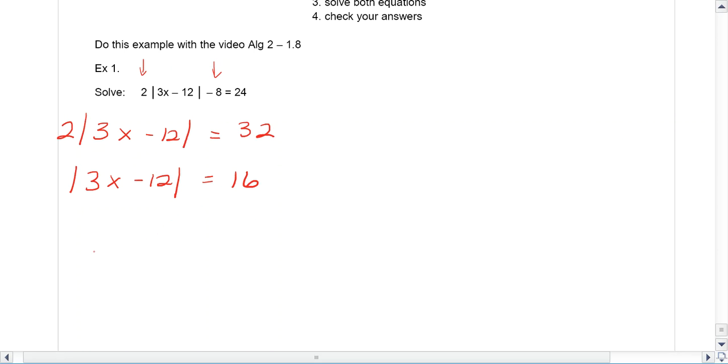Now just to review why we're doing both the positive and negative, you know that the absolute value of 16 is 16, and the absolute value of -16 is also 16. So there's 2 ways to get this answer. If what's inside this absolute value here, if this 3x minus 12 is equal to 16, we're good, because the absolute value of 16 is 16.